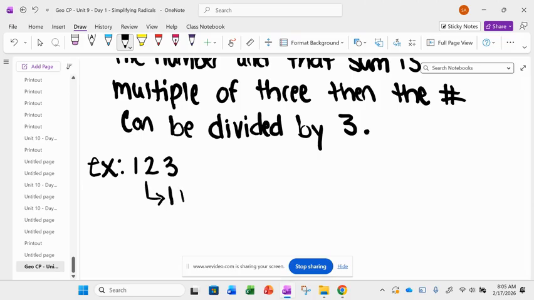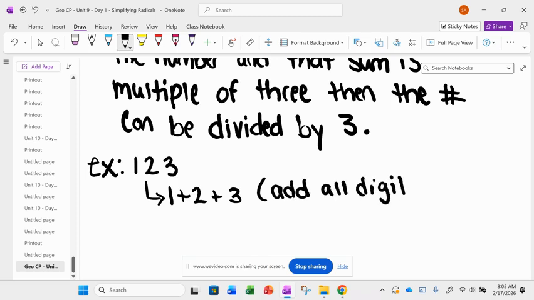So I'm adding 1 plus 2 plus 3. All right, 1 plus 2 is 3. 3 plus 3 is 6. All right, is 6 a multiple of 3?